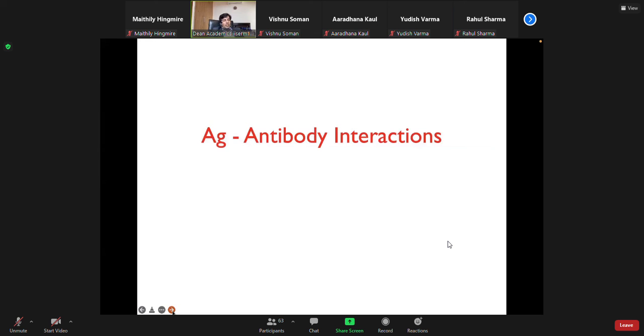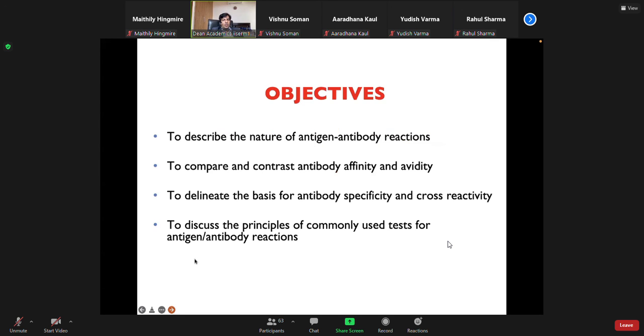Okay, the next thing we are going to talk about is antigen-antibody interaction, and these are the objectives. We have only 10 minutes left. Rather, it's already 50. To describe the nature of antigen-antibody interaction, and to compare and contrast antibody affinity and avidity. These are two different terms. What is the meaning of affinity? We have used it quite frequently when we talk about antigen-antibody interaction.